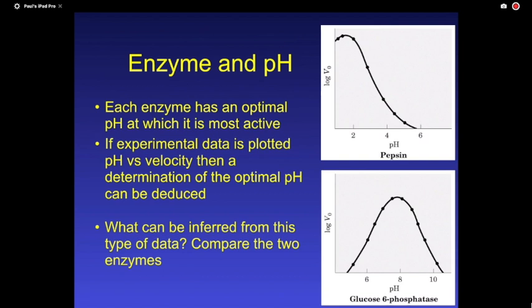Every enzyme has a maximal pH value that it works best at, and quite frankly, most of them are near the pH of 7.4, normal blood pH. There are some in the lysosome that are more acidic, some in the stomach that are more acidic, but the majority you would assume would be at normal pHs.